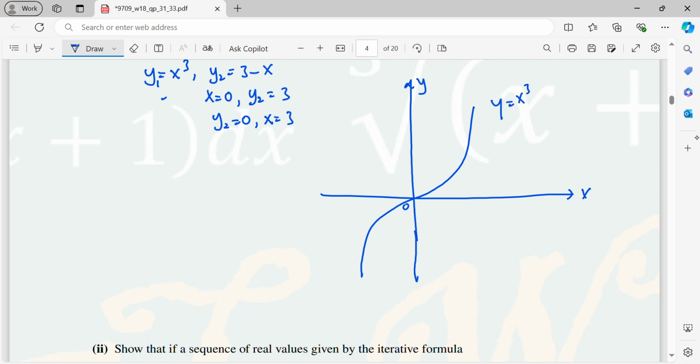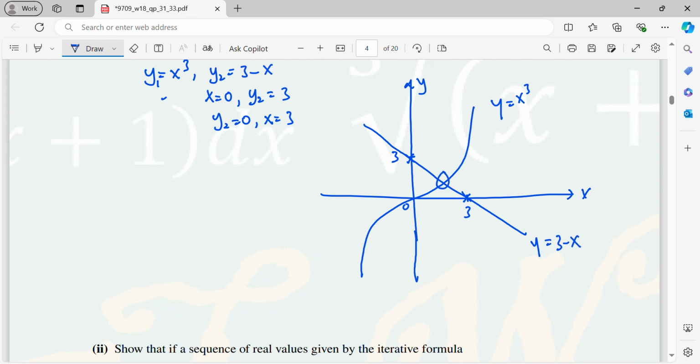And now where x is 0, y is 3. Let's say here is 3, and then this is 3. So here I get 2 points. Join the 2 points using a straight line. It must be a straight line. So this is my y equals 3 minus x.